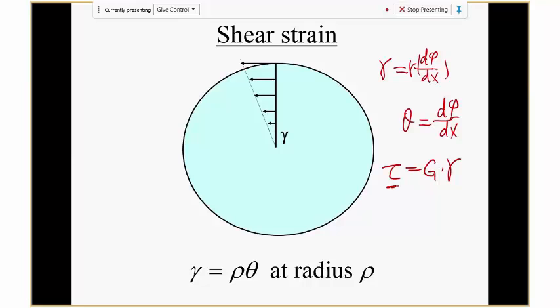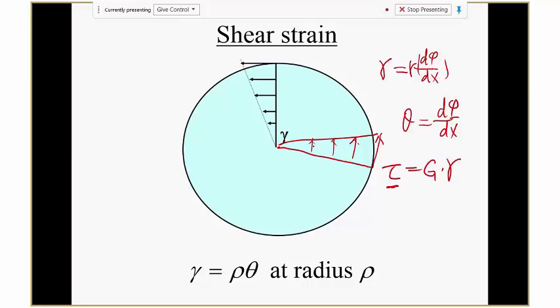Now we found the shear stress. What kind of pattern will you have for shear stress on this cross section? If I look from the center to the edge, how does the shear stress change from inside to outside? It will be the same, a straight line. Here is the maximum, here is smaller, smaller, smaller, and then 0.